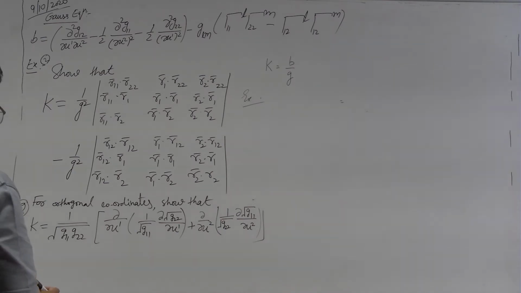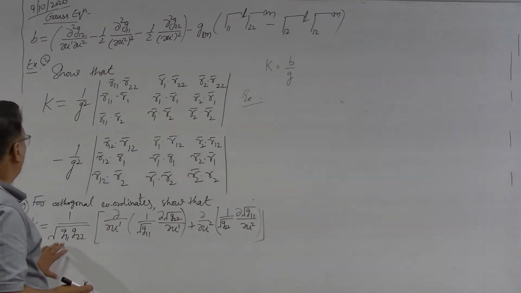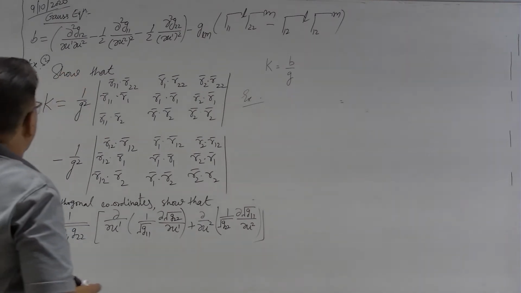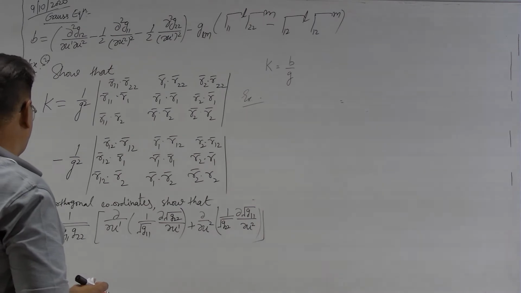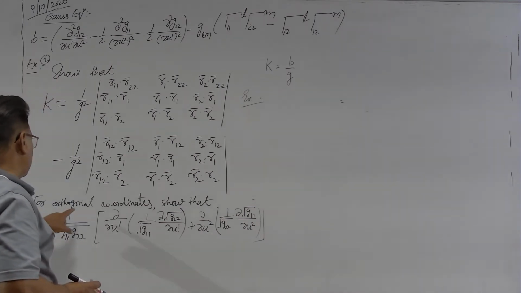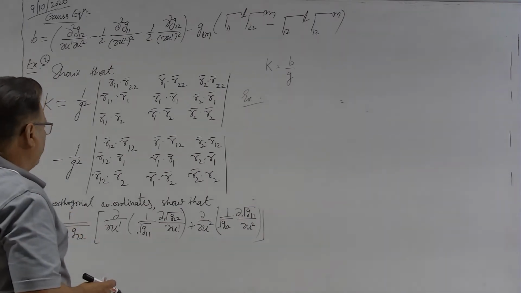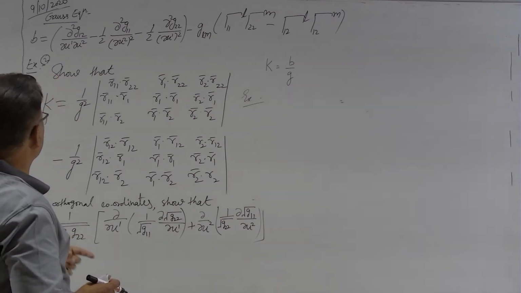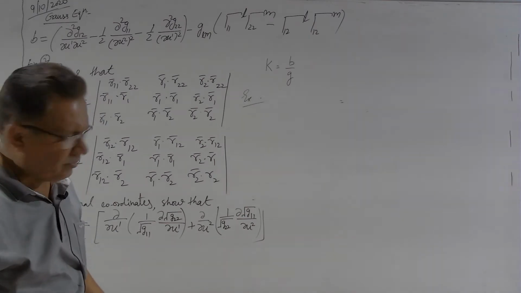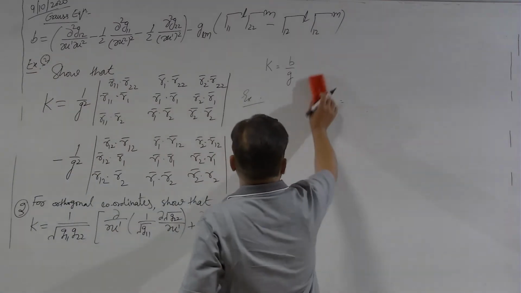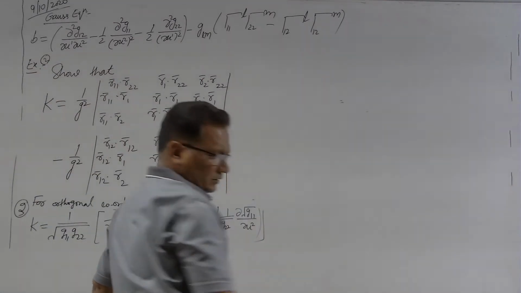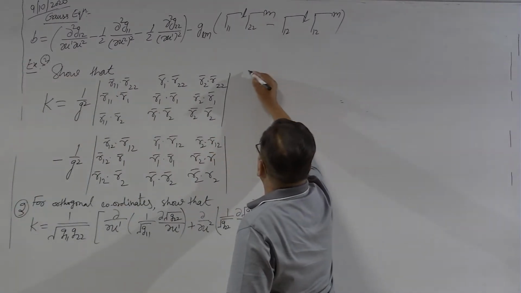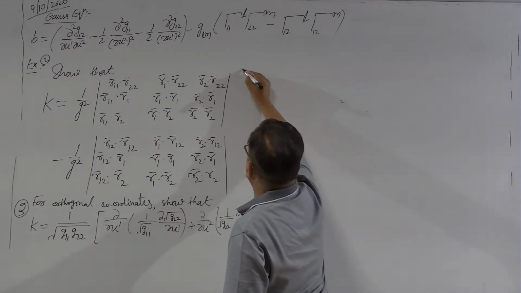To solve this problem, you have to look at the Gauss equation. What we are given in this exercise is that the coordinates are orthogonal, that means G12 is 0. So, the Gauss equation will become simple when G12 becomes 0. This is the solution of exercise number 3.